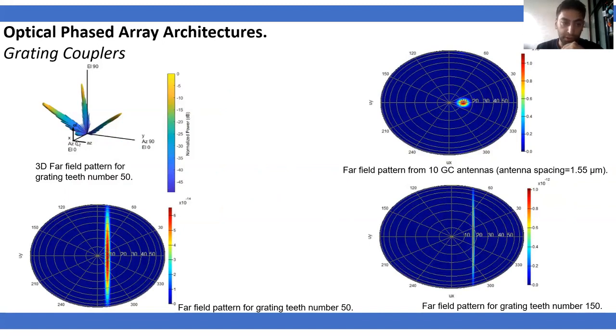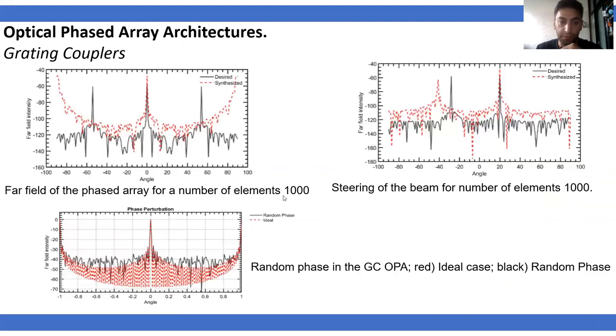This is a 3D far field pattern from the grating coupler phased array with the grating teeth number of 50. And we can see that when we have the grating teeth number 150, the far field intensity shrinks. The width of the far field intensity pattern is smaller. So here, we showed what parameters influence the far field.